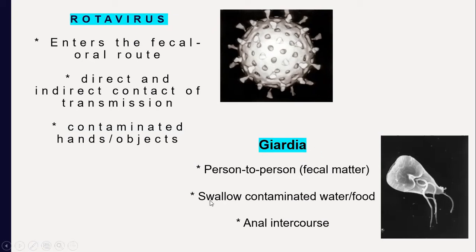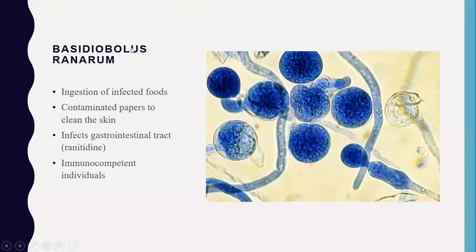We can also get it into our bodies if we swallow contaminated water, for example, water from lakes, ponds, rivers, etc., and from contaminated food. It is also spread through anal intercourse. And here we have a picture of Giardia. Then we have Basidiobolus ranarum, which is a fungus.